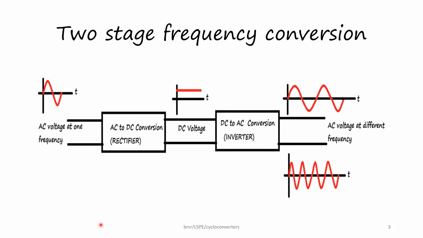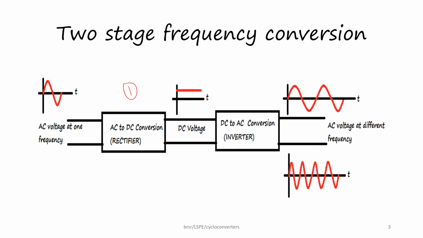Without using cycloconverters also, the frequency can be changed from one value to another. The AC is shown here, it has one cycle, and if the AC frequency has to be changed from one value to another value, this is called two-stage frequency conversion. Initially a rectifier unit is used. This will convert AC into DC.